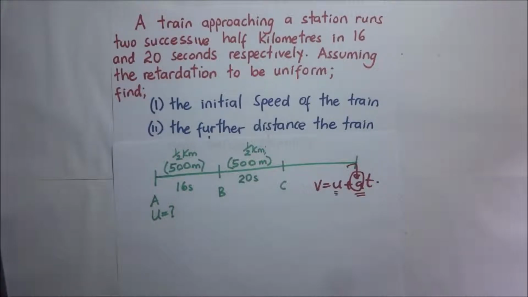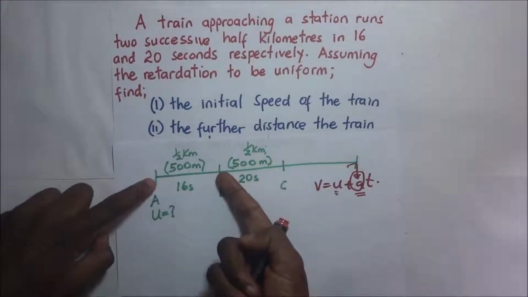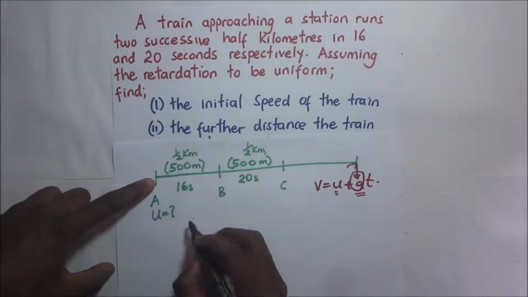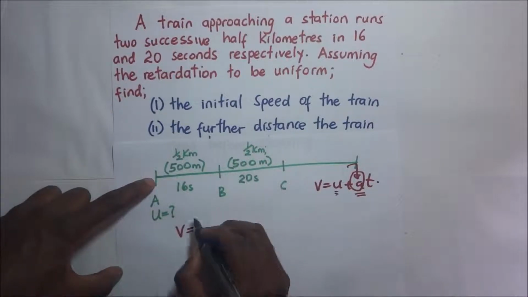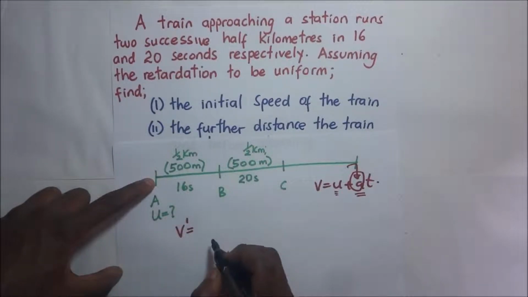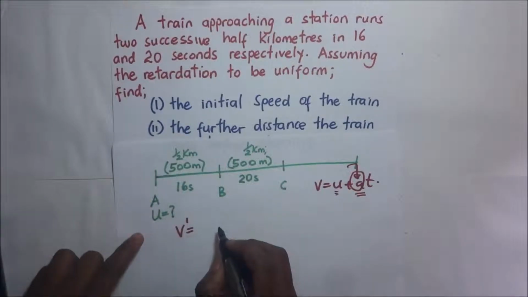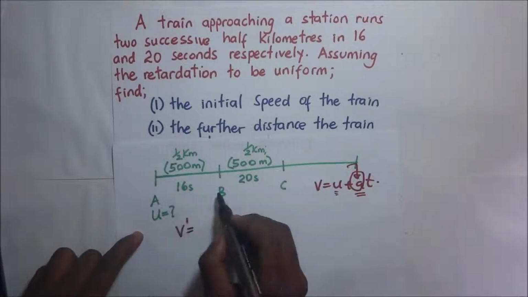So we'll start off just like in our earlier illustration. We shall go interval by interval. Now between A and B, we know that velocity is change, we call it v prime. Our v prime is going to be the displacement.